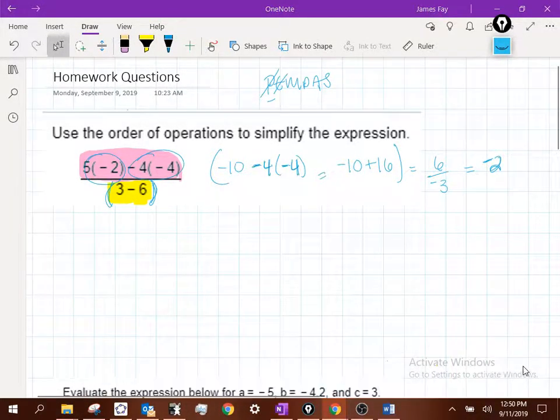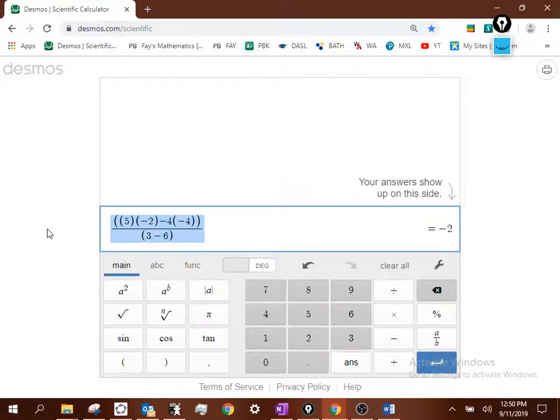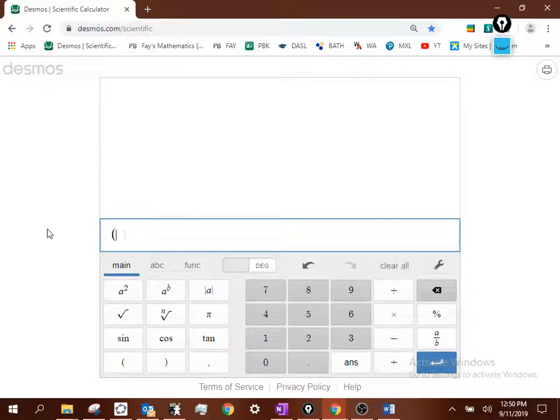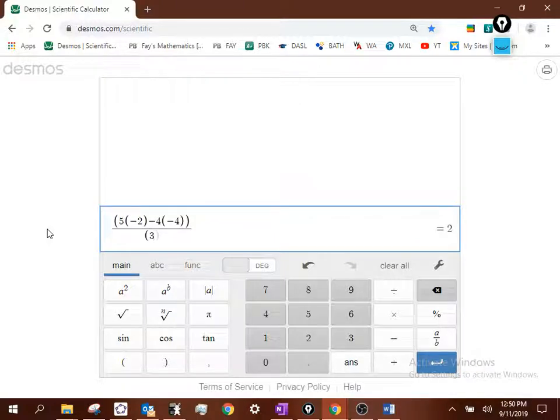Okay? Now, I told the last class this, and I'm going to show you guys as well. If I open up Desmos and type this in, 5 times negative 2 minus 4 times negative 4, divided by 3 minus 6, the nice thing about Desmos is that this is the exact same calculator that you're going to see on the end of course exam, and it writes it the way it looks written on my paper.